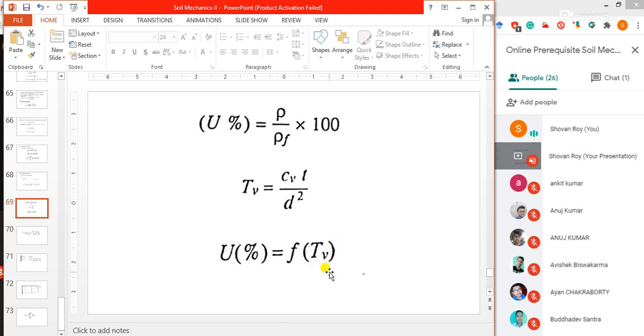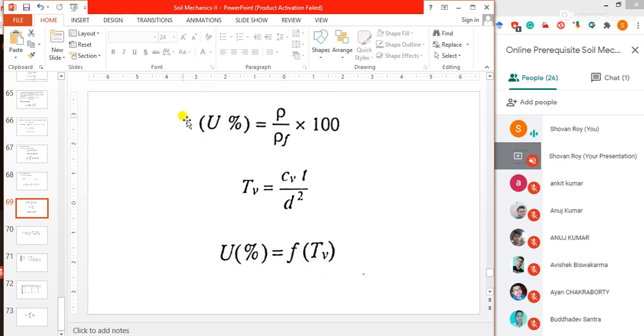So the degree of consolidation is a function of time factor. The time factor contains the physical constants of the soil layer influencing its time rate of consolidation. Time factor is involved in the time rate of consolidation, and this time rate influences the degree of consolidation.